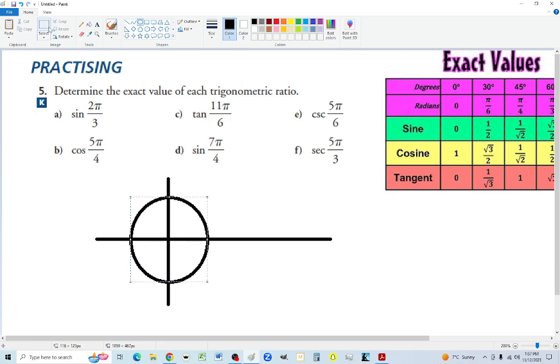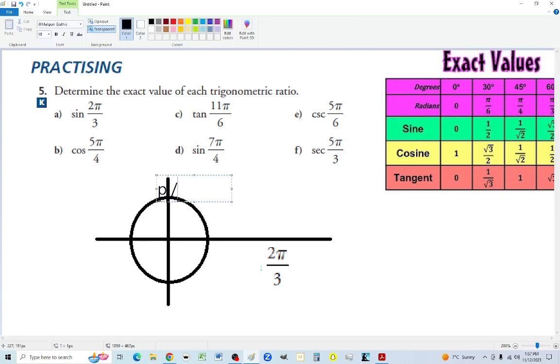That's your first step. Find this angle. 2/3 is obviously bigger than a half, but less than 1. It always helps to write these down too: this is pi over 2, this is 0, this is pi over here, this is 3 pi over 2 over here, and this is also 2 pi.